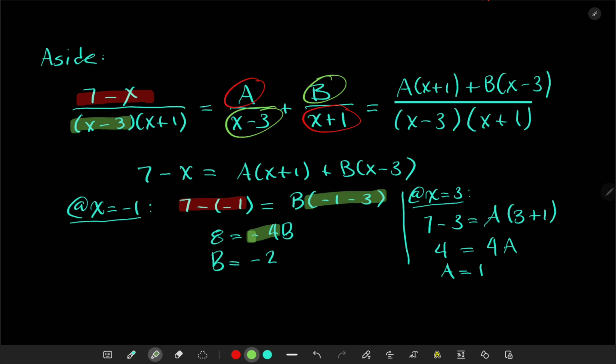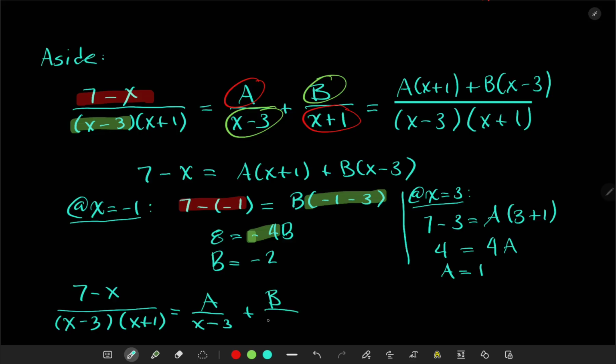Why? Well, because if I would have done it a little bit more carefully, I would have noticed something. Instead of doing common denominator on everything, let's copy my partial fractions that I'm trying to obtain.